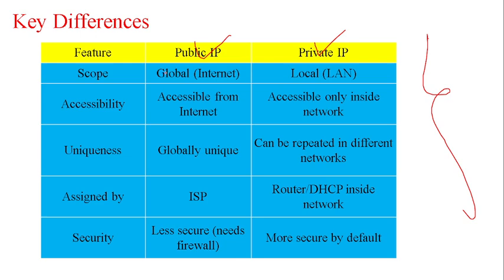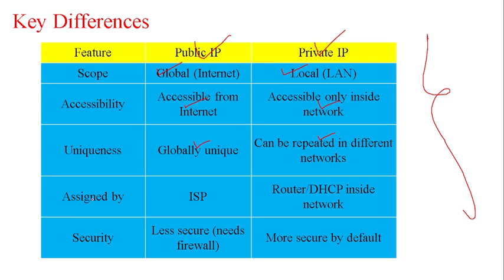The scope for a public IP address is global, worldwide, it is the internet, whereas a private address is local. Accessibility: you can access a public address via the internet, and a private address only within the network. Uniqueness: a public address is globally unique, whereas private addresses can be repeated in different networks. Yes, private IP addresses can be repeated for different systems in different networks, not a problem.